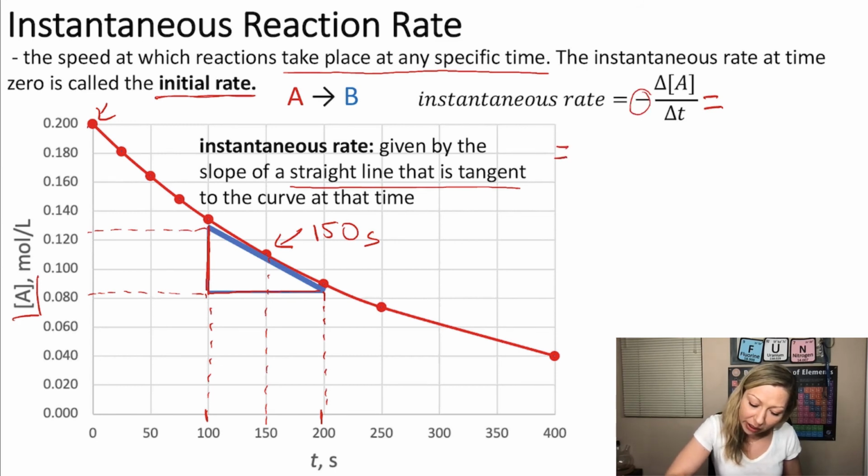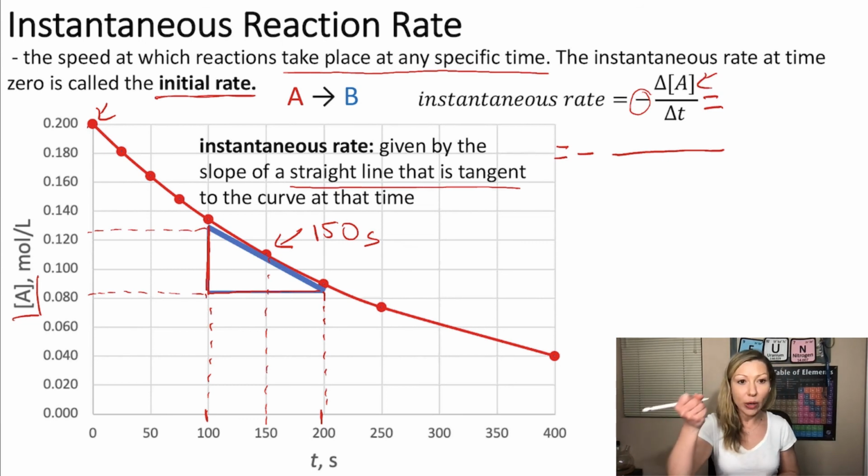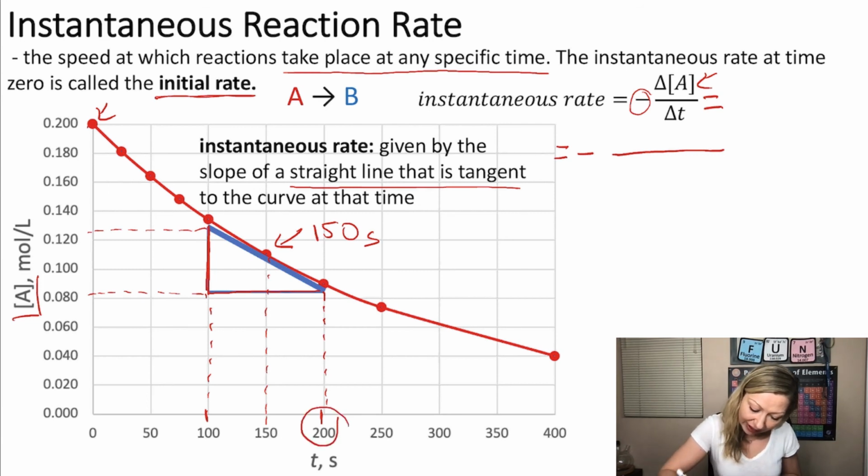So this whole thing will equal minus the change in concentration of A, which is going to come from the figure. So what is the concentration of A at t2? What is my t2 first? Well, my t2 is going to be 200 seconds, right here. And the concentration, if I look at the line, is right here, so it's about 0.085 moles per liter.